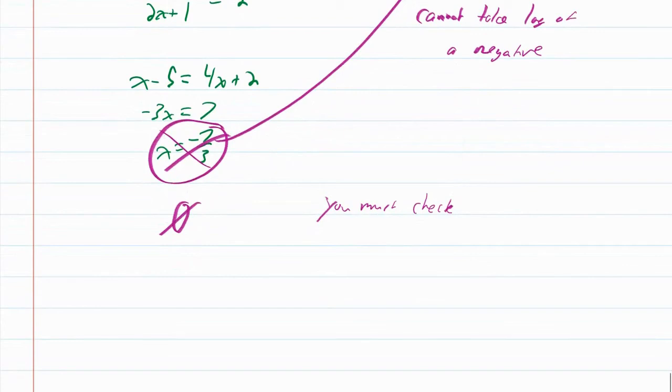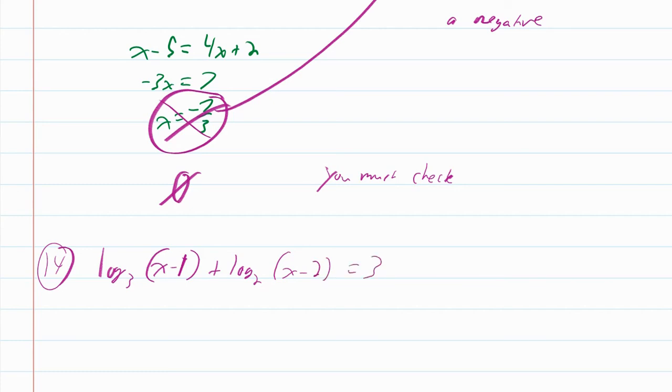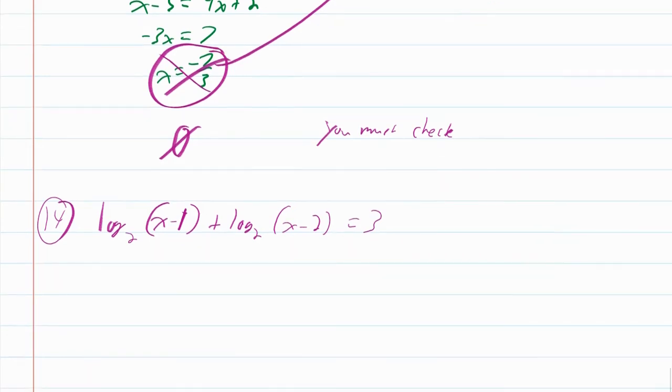Let me show another example of where this happens and gives you one that works and one that doesn't. 14 gives me log base 3 of x minus 1 plus the log base 2 of x minus 2 equals 3. So let's make them both log base 2s, otherwise this won't work. I'm going to make the left side combine and become the log base 2 of x squared minus 3x plus 2.